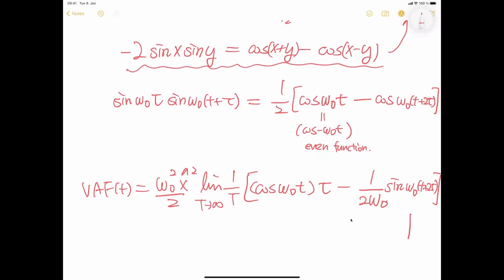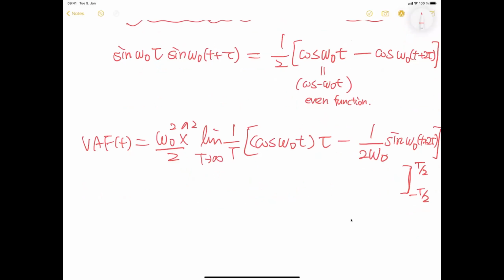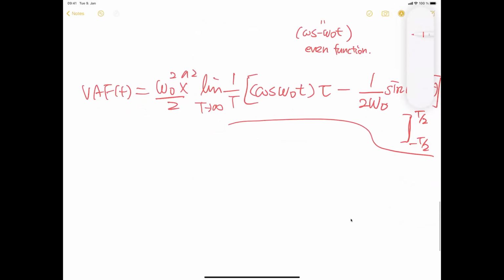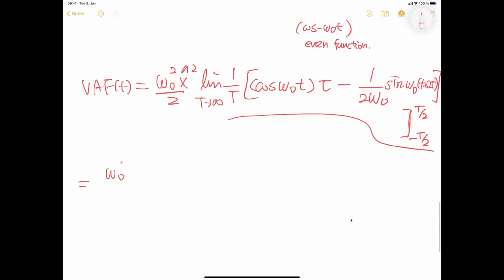And the upper bound is t half. The lower bound is minus t half. So actually this term will become 1 over t. Okay, maybe I will write everything here again. So we have the limit t approaches plus infinity of 1 over t.